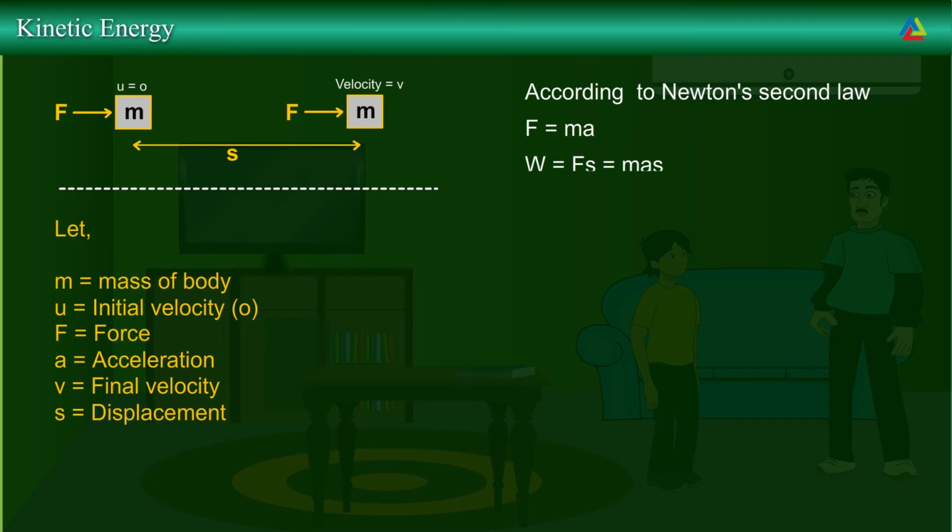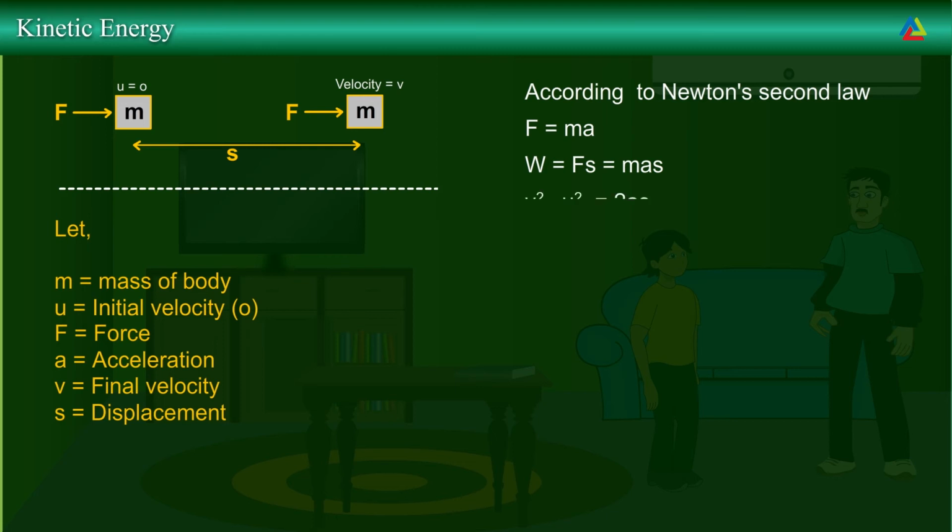The equation of relation of initial velocity, final velocity, and uniform acceleration of a body can be written as v square minus u square equals 2as. This gives s equal to v square minus u square divided by 2a.